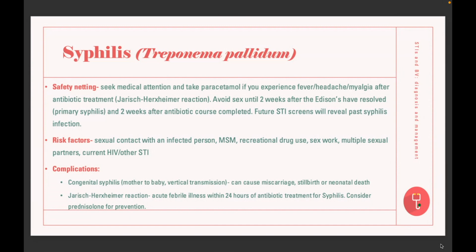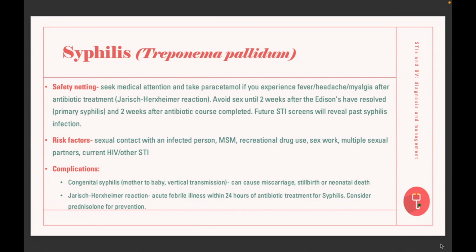In my experience in actual sexual health clinics, we'll often ask the patients to just sit in the waiting room for 15-20 minutes, half an hour after they've had their treatment, just to make sure that they're fine in the absolute immediate time after they've had their antibiotics, and then they're welcome to go home. And of course we give them this safety netting advice.